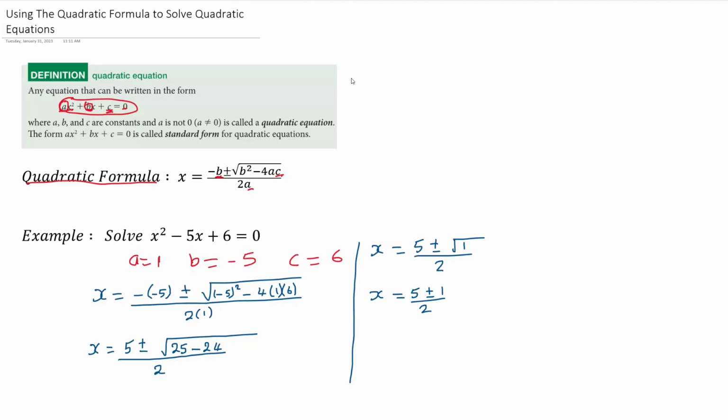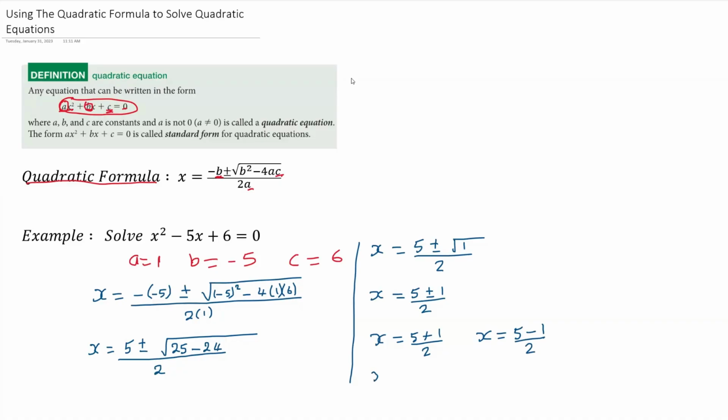So the quadratic equation always gives you two solutions. We can separate it here since the answer is just going to be integers. So x is equal to 5 plus 1 over 2, that's when you use the positive value, or x is 5 minus 1 over 2.